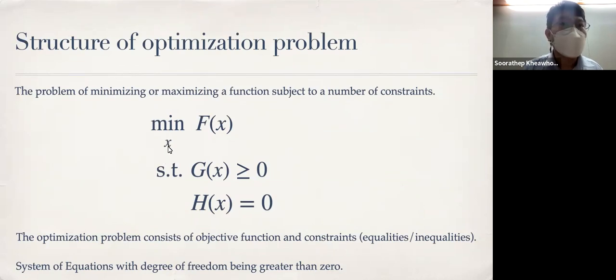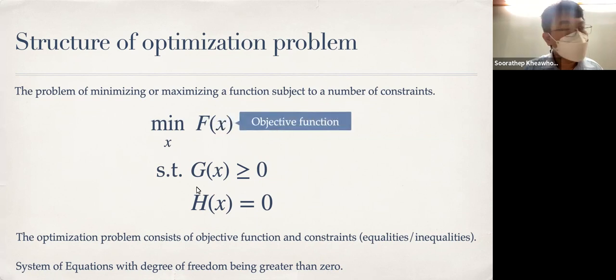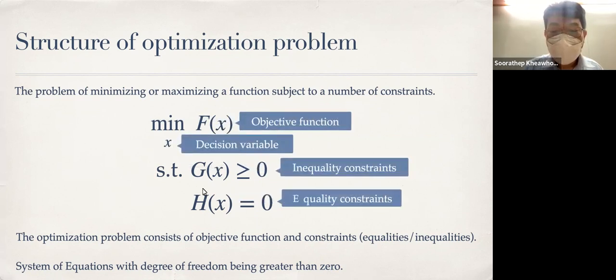Our x is the decision variable. And we have a set of constraints, which can be equality or inequality.